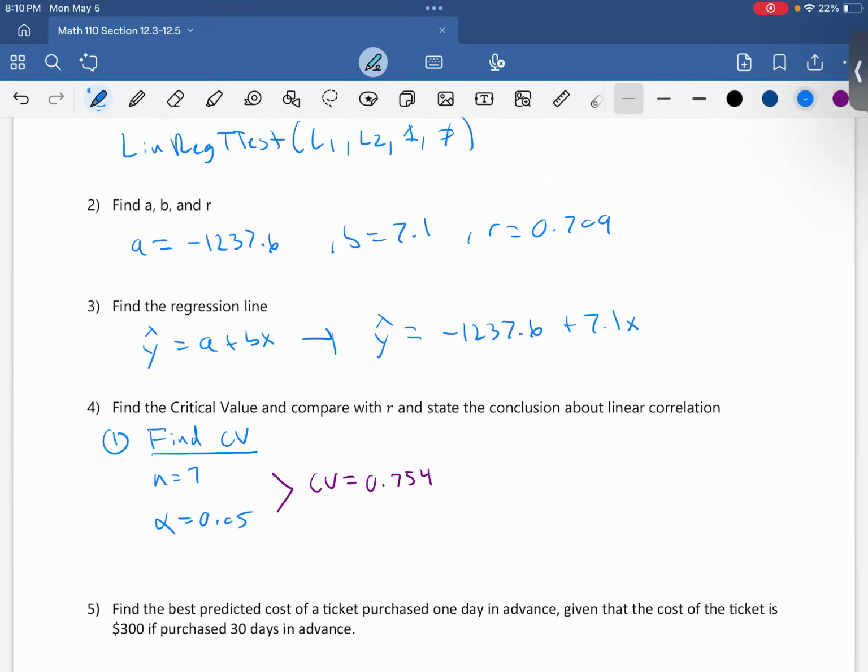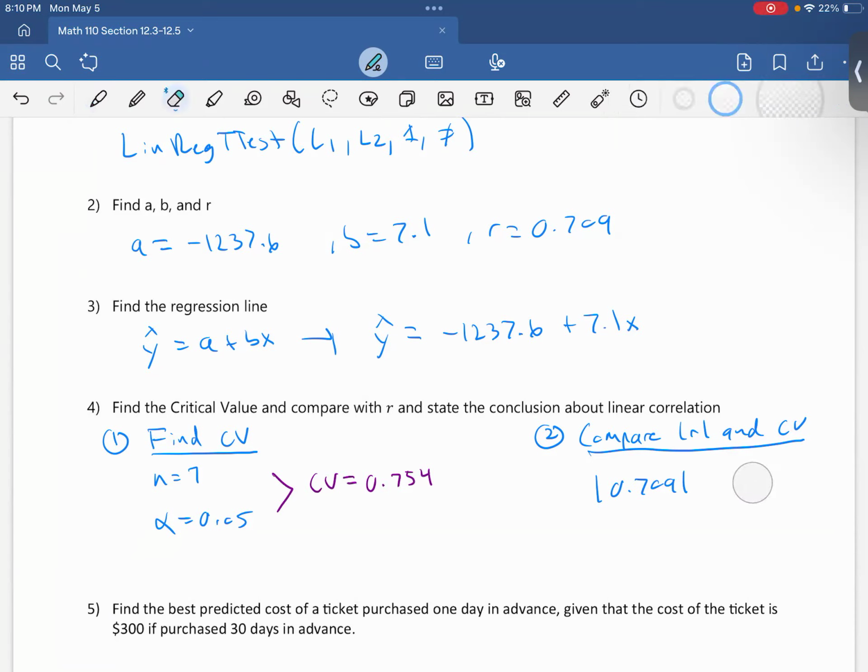Okay, so step two is comparing the absolute value of R and the critical value. The absolute value of R is just 0.709. It's already positive. And we have 0.754.